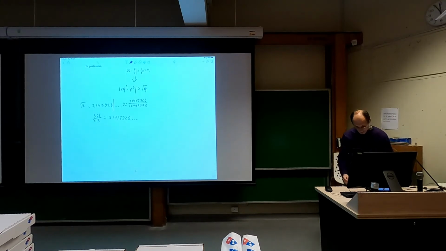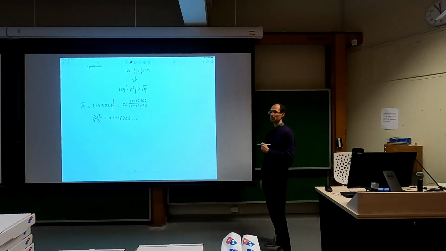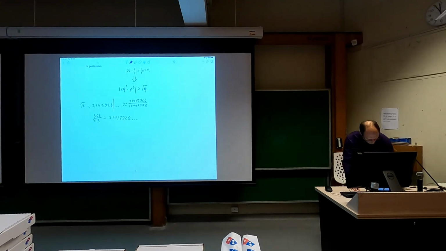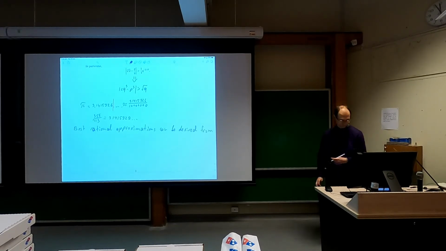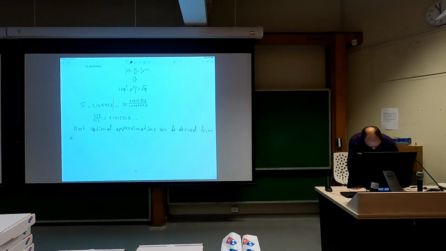Okay? And luckily, we know how to find all of them. So let me write: the best rational approximations can be derived from the so-called continued fraction expansion of a real number.